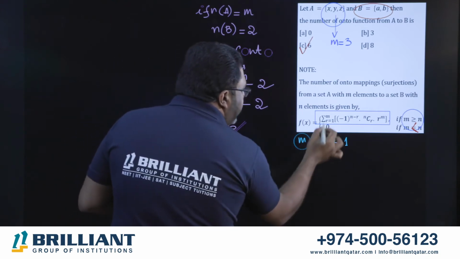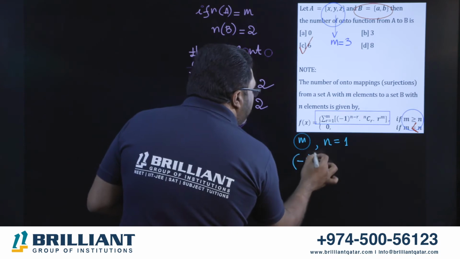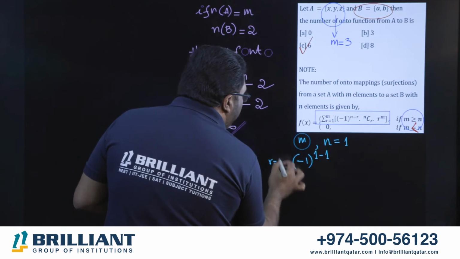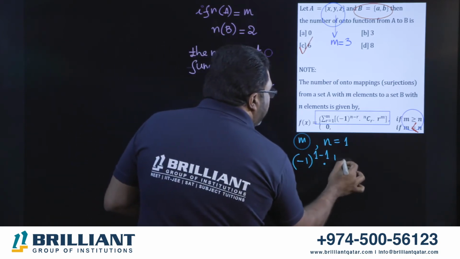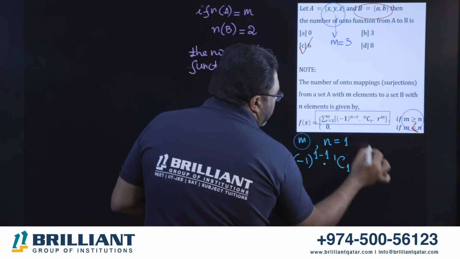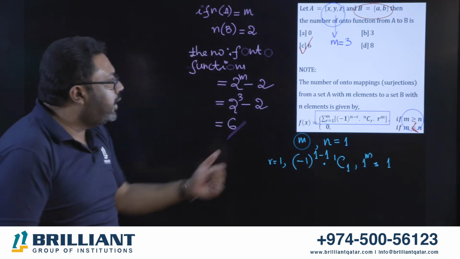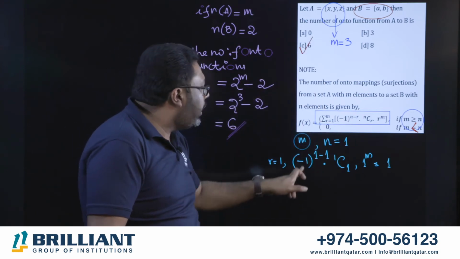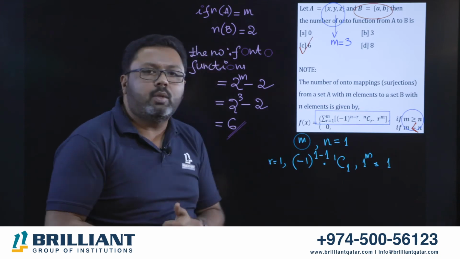So, my answer is going to be summation. We'll forget about summation. So, minus 1 raised to 1 minus 1. The situation is r is equal to 1, right? Minus 1 raised to 1 minus 1 into 1C1 and 1 raised to m. That is equal to, no doubt, 1. When n is equal to 1, you have to consider only the situation when r is equal to 1.